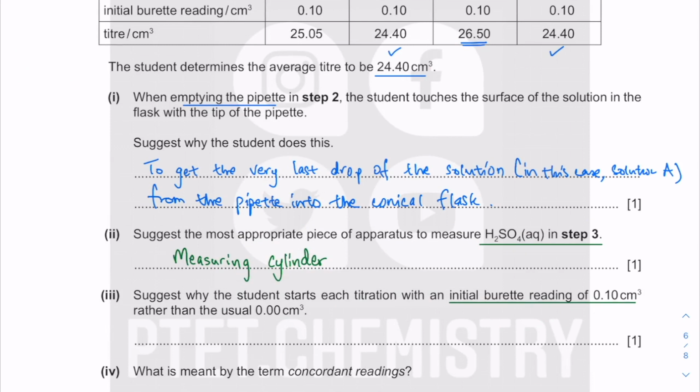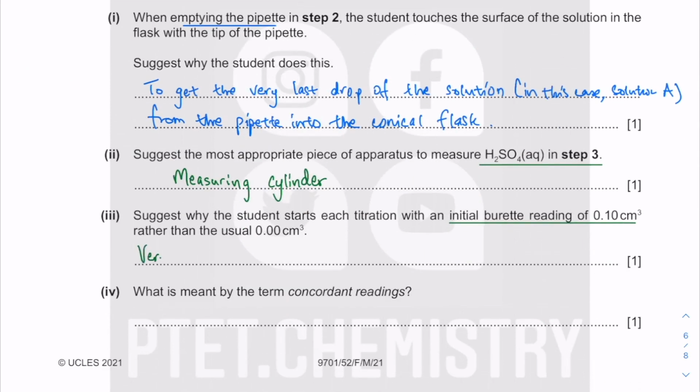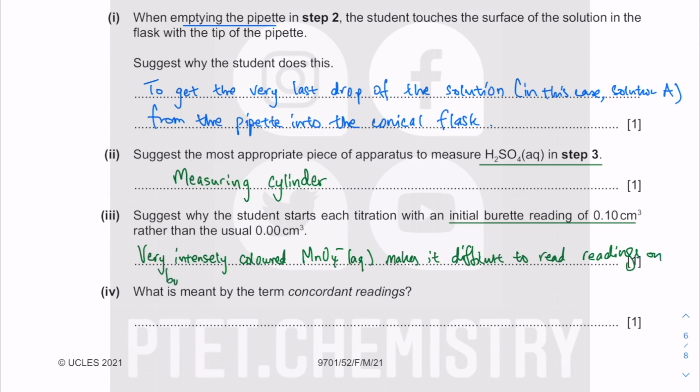Very intensely colored MnO4 minus aqueous ion makes it difficult to read readings on the burette. So we read below the meniscus, above the meniscus.